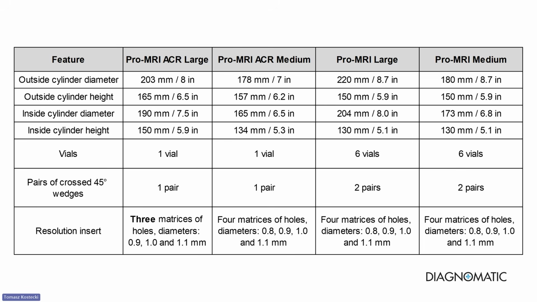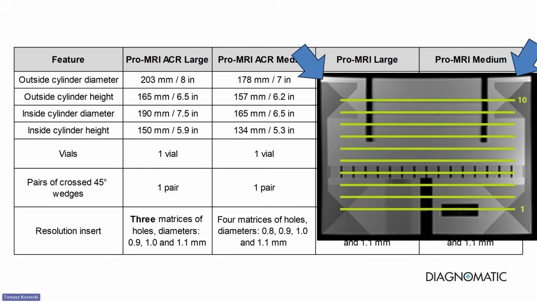The Pro-MRI ACR phantoms are also ACR-approved, which means they can be used for ACR-MRI accreditation as well. So if you see the sagittal localizer with 2 wedges, you know that you are not using the ACR phantom. And so here we have 2 pairs of wedges.